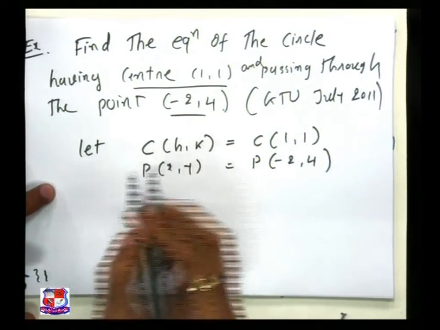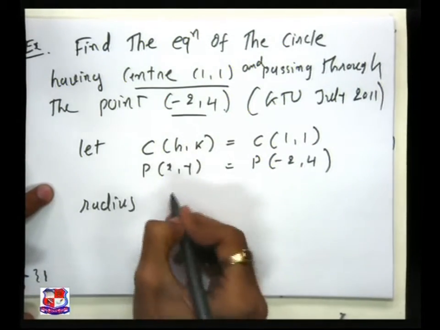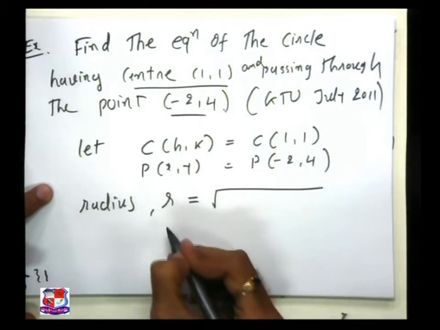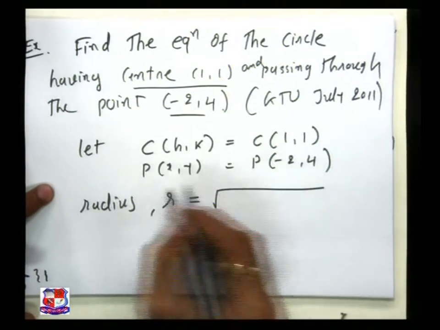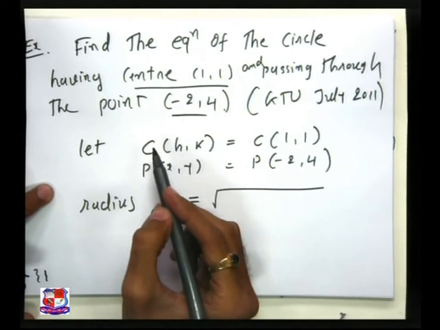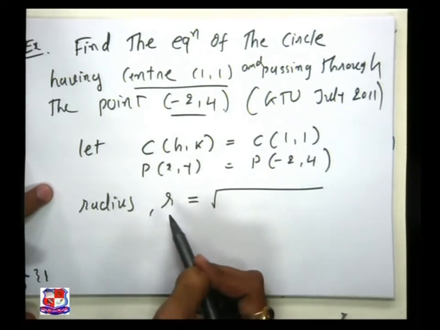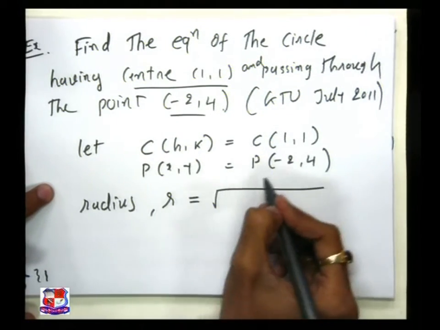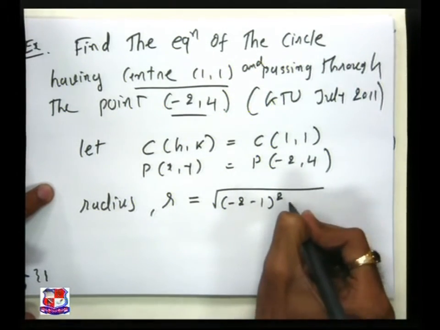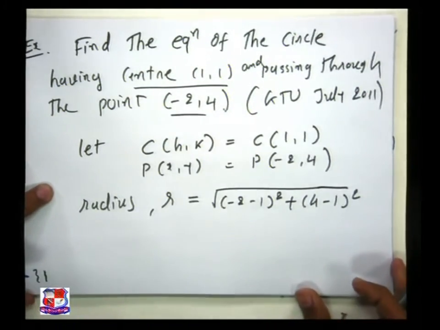Here we have given the center of the circle, but we haven't given the radius. So we know the radius R is equal to the distance between the center and the point, CP. So R is root of (x2 minus x1), that is (-2 minus 1) whole square plus (4 minus 1) whole square.